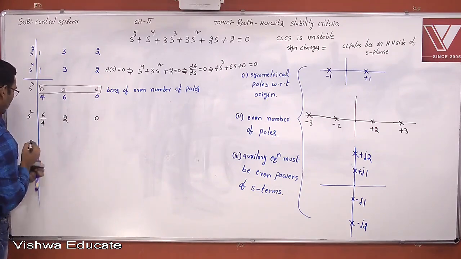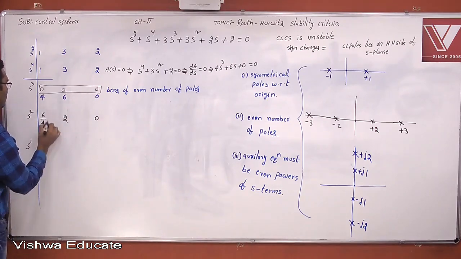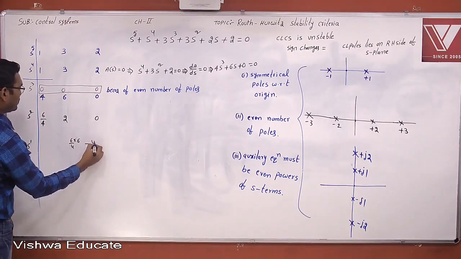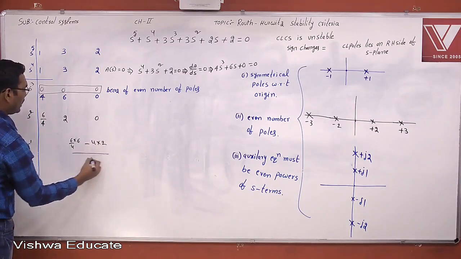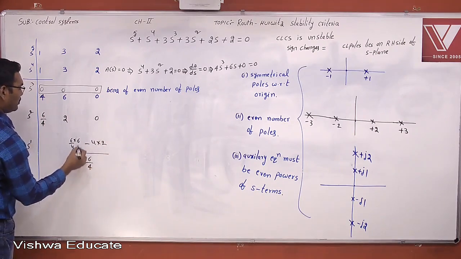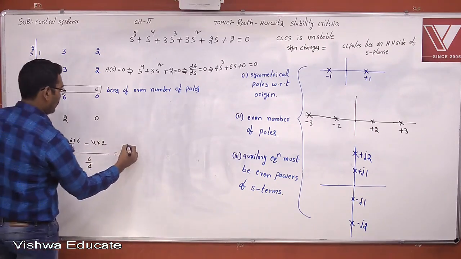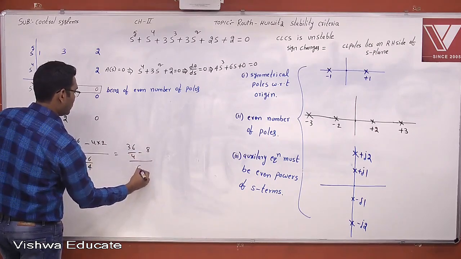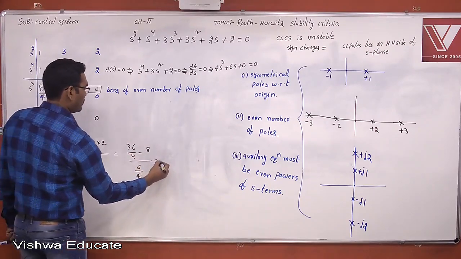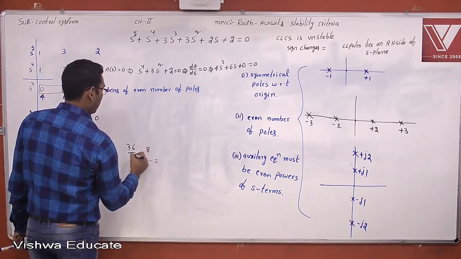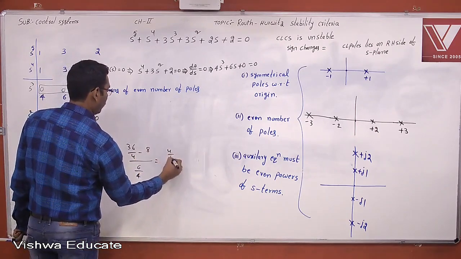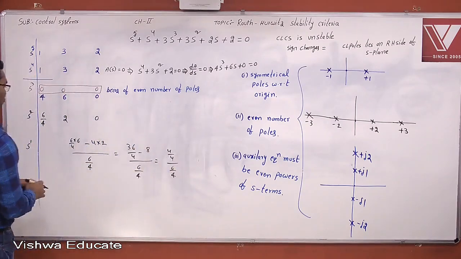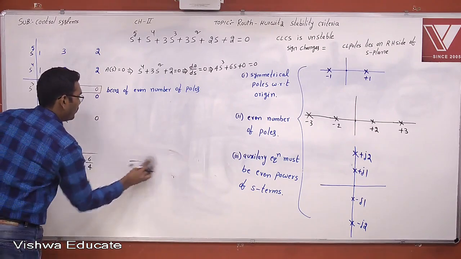Now s power 1: 6 by 4 into 6 minus 4 into 2, divided by 6 by 4. Therefore this is 36 by 4 minus 8, divided by 6 by 4. Now this is nothing but 36 minus 32, which is 4 by 4, divided by 6 by 4. So the 4 cancels. Therefore, finally, this is nothing but 4 by 6.